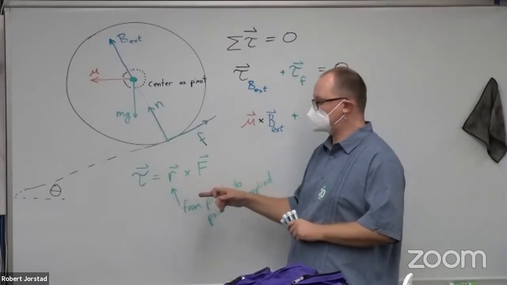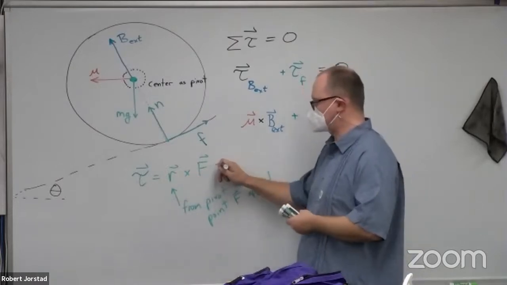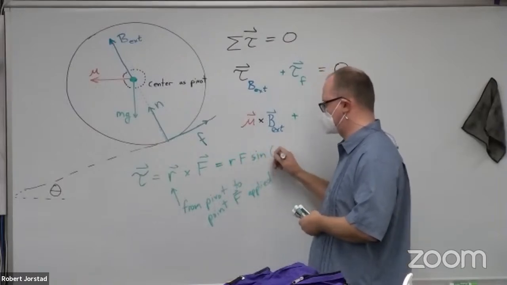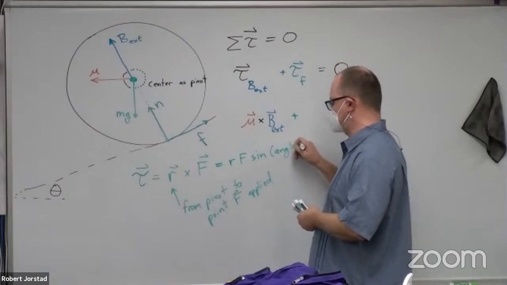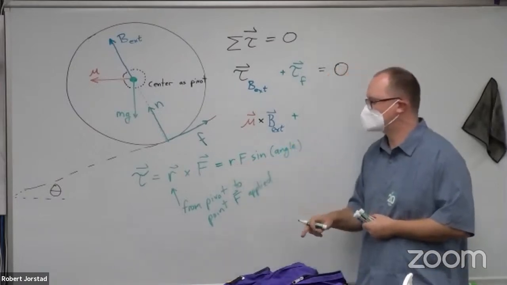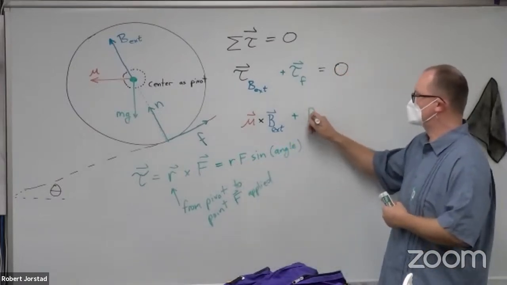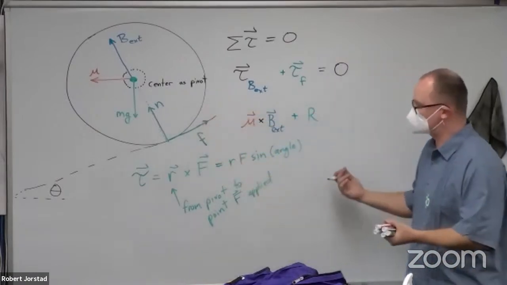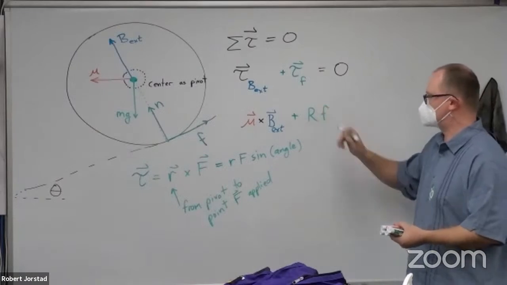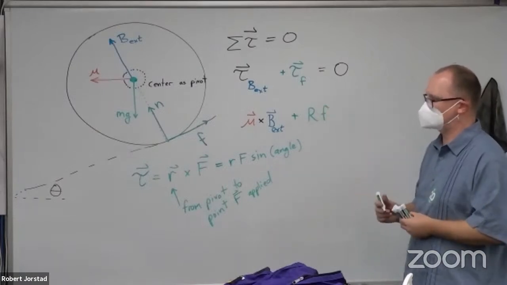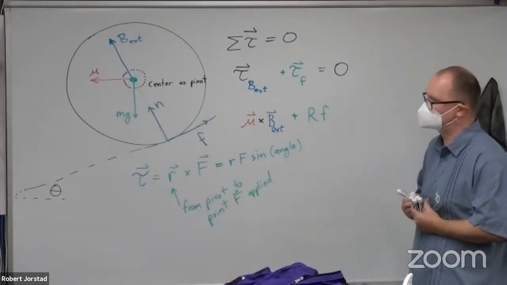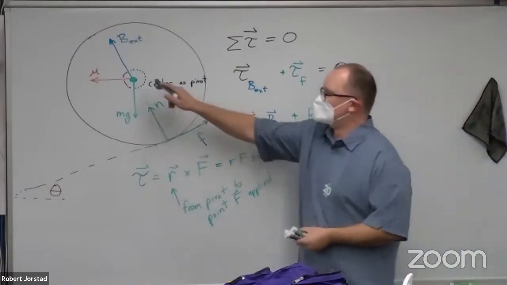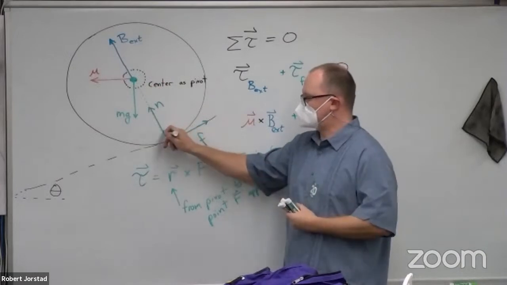And actually, do you agree that sometimes we write this as RF sine of some angle? So just tell me what's R. Yeah, it's just R. But big R in this case, because big R, it's just the radius. What's the force? Friction. What's the angle I should use for the friction? Do you see a 90-degree popping out there?